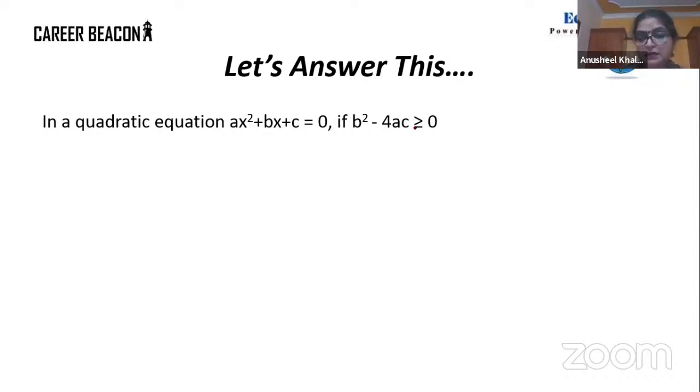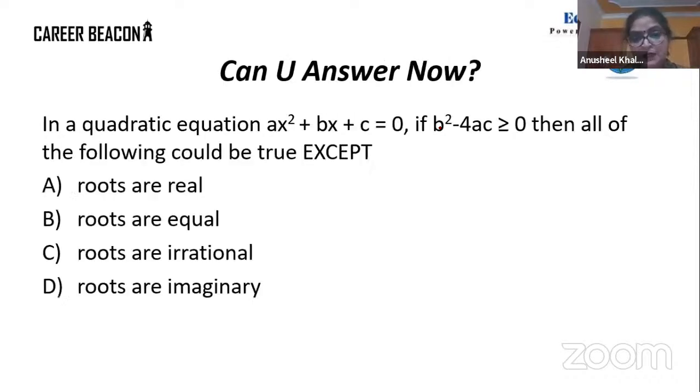Your answer may or may not be correct, because we don't know what exactly the question is asking. So one thing you have to keep in mind whenever you are solving a math question is to read the final question, because that is what is asked. If you don't know what the question is asking, your answer may or may not be the correct answer, right? Okay. Now, let's try this question.